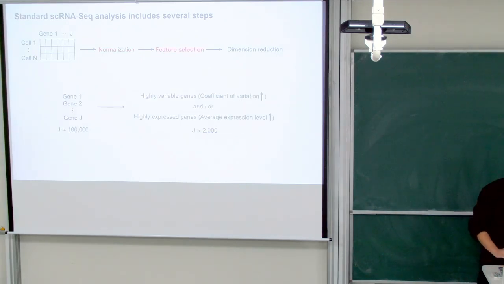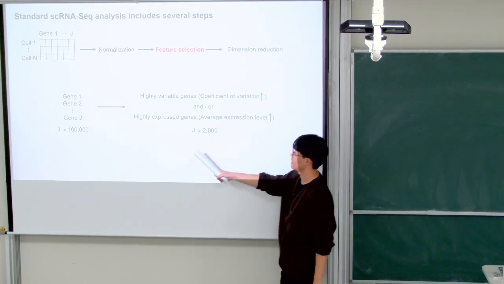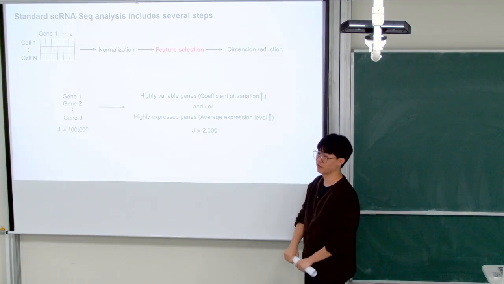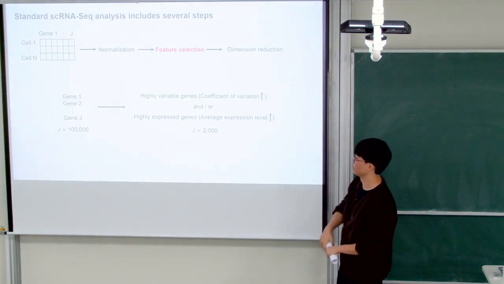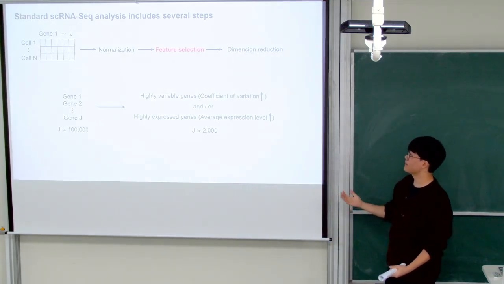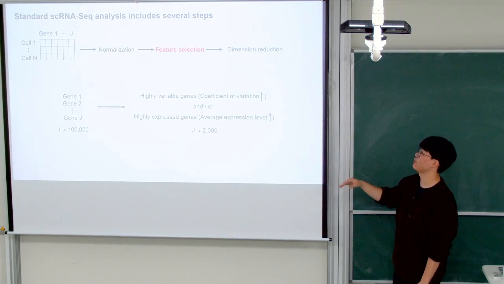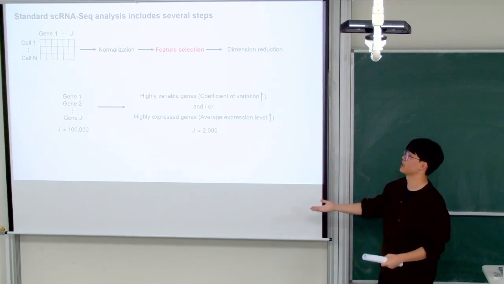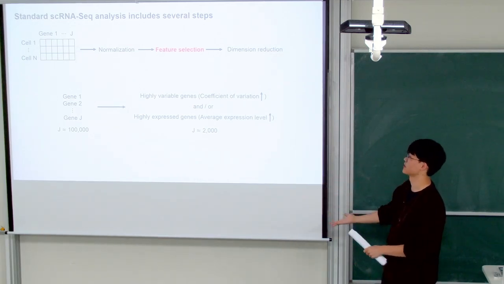And for feature selection, the original data contains almost 100,000 genes, so the dimension is too high. In order to pick about 2,000 genes, we pick some highly variable genes, meaning that for some cells those genes are expressed, but for other cells they are not expressed.